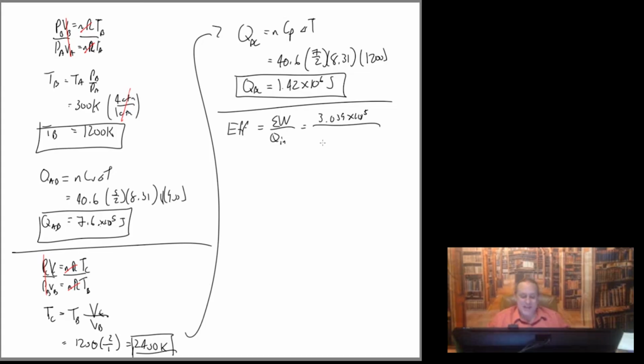And my Q in is the sum of these other two numbers. So 7.6 times 10 to the 5th plus 1.42 times 10 to the 6th. I get 0.14, which is 14% efficiency.